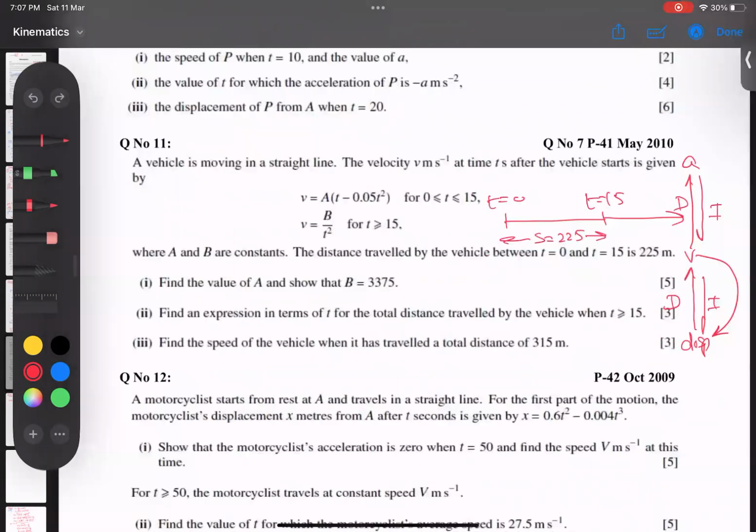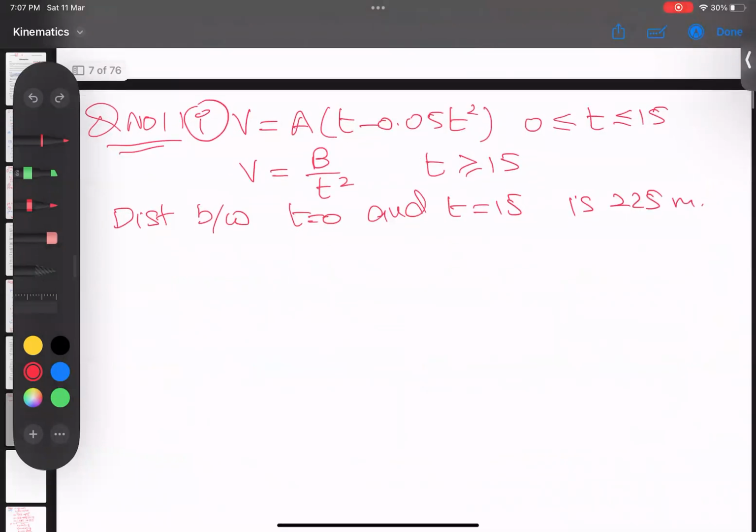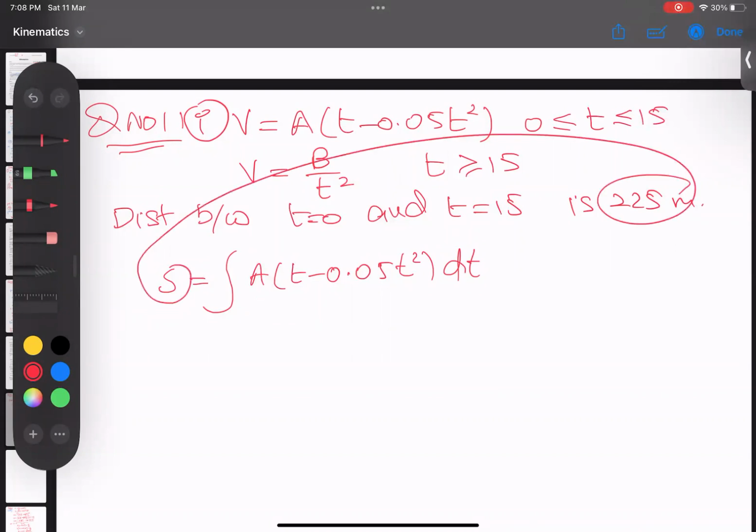So first of all, S equals the integration of the velocity of this whole equation: a times (2t minus 0.05t squared) dt. When I integrate the velocity, I get distance, so this 225 will come here.